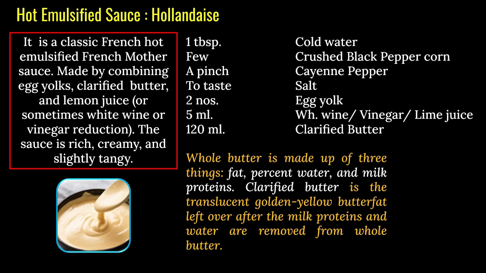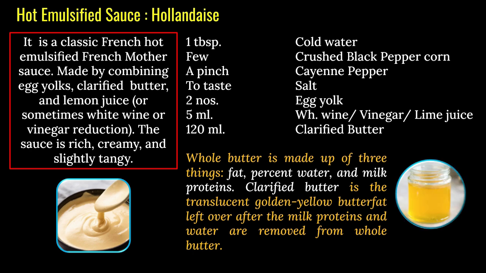And at the bottom of the container you see some solid material precipitating, that is known as the milk protein or milk solids that can be separated out by the straining method. So whatever is remaining in between as golden yellow color, that is known as the butter fat, and it looks like this after removing these two elements from the whole butter. So this is the clarified butter in front of you.